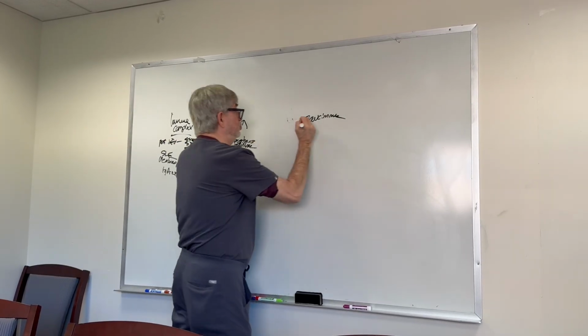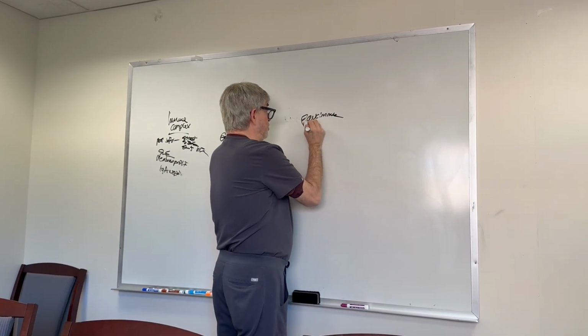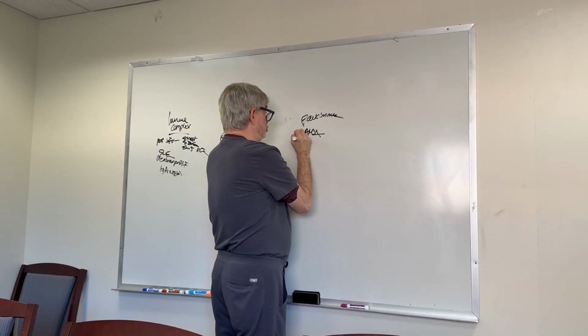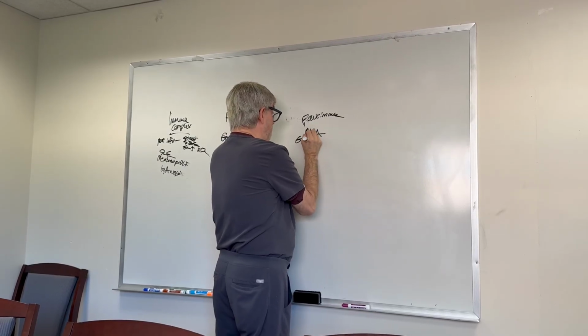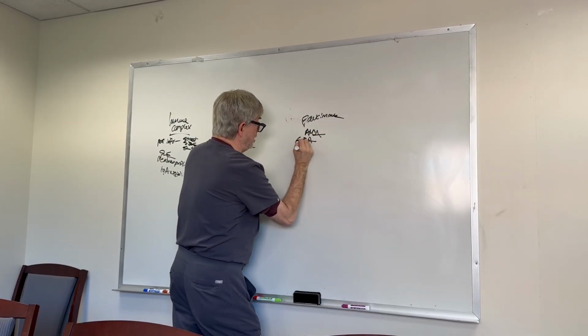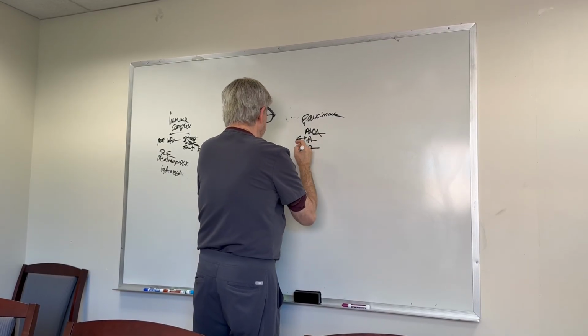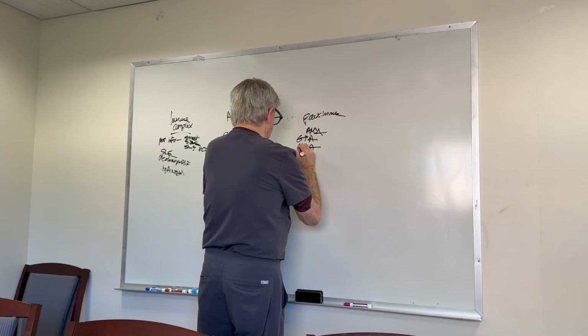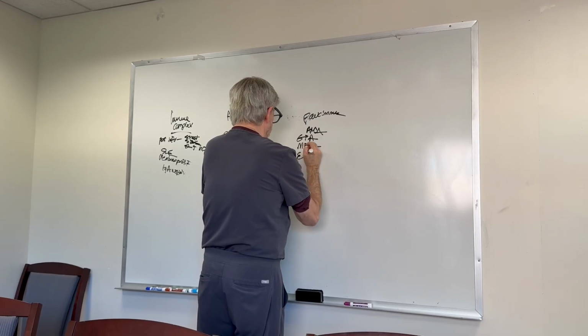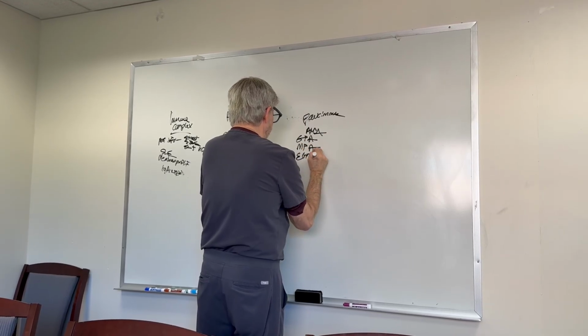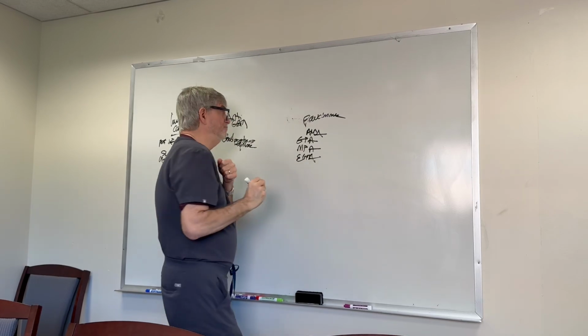And the quasi-immune diseases are the ANCA-related diseases: GPA, granulomatosis with polyangiitis, MPA, microscopic polyangiitis, and sometimes you can see it with eosinophilic granulomatosis with polyangiitis, not as common.